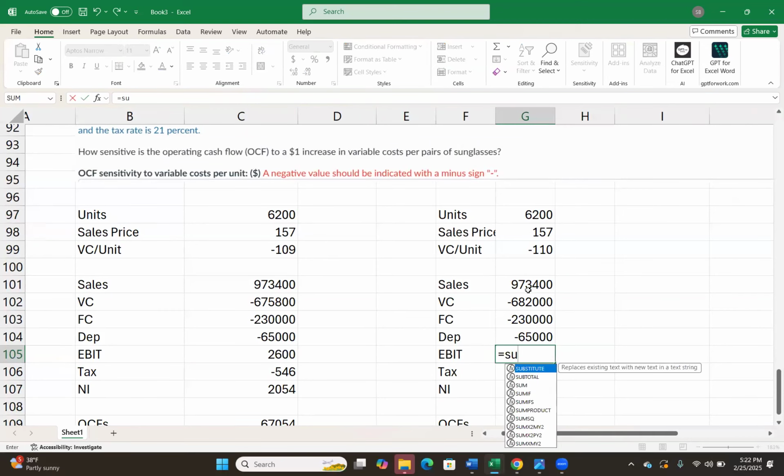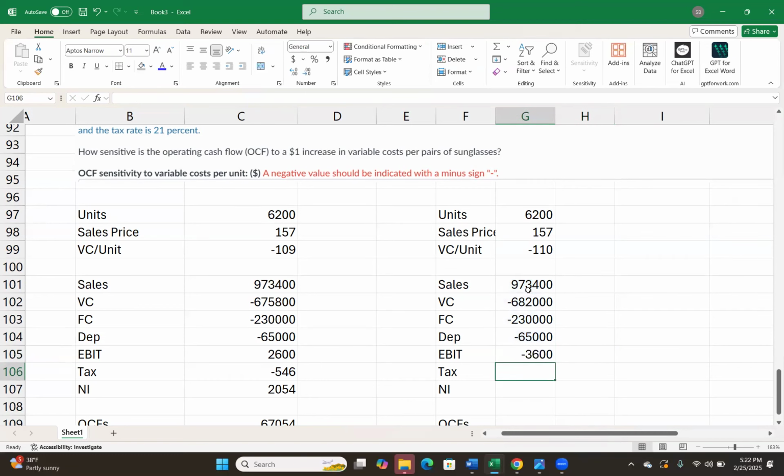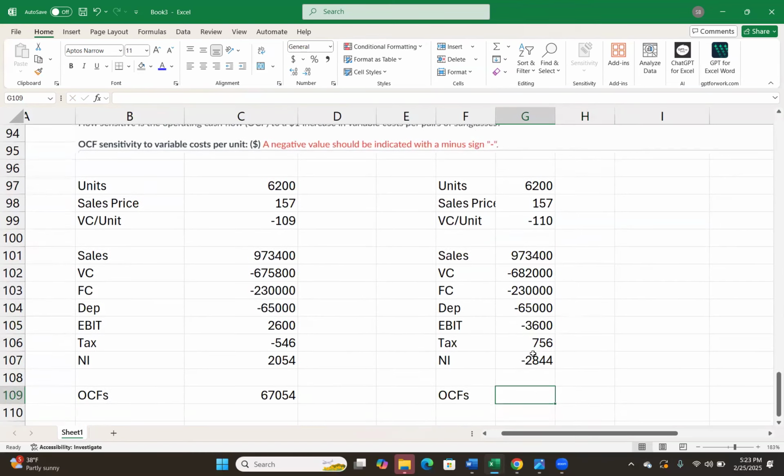EBIT is the sum of everything above. Tax is negative 0.21 times the above. Net income equals the sum of these two. OCFs are now net income plus depreciation.